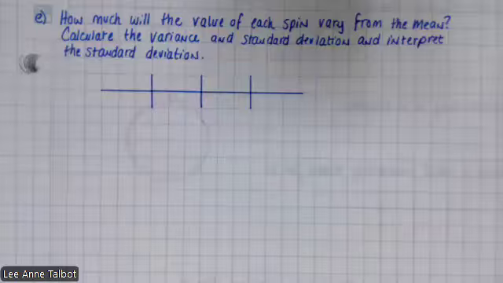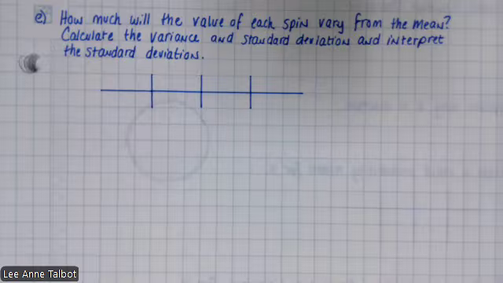I want you to think about, try to get back into the recesses of your brain from chapter 1, and remember how we calculated standard deviation by hand. It was that video where I screwed it all up.